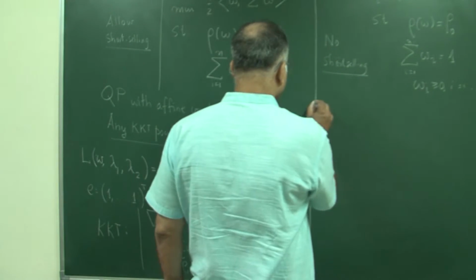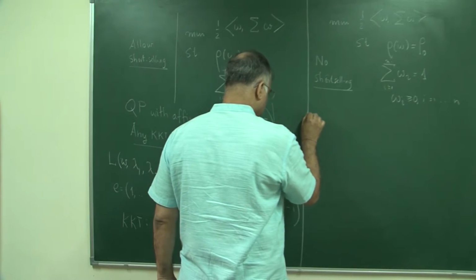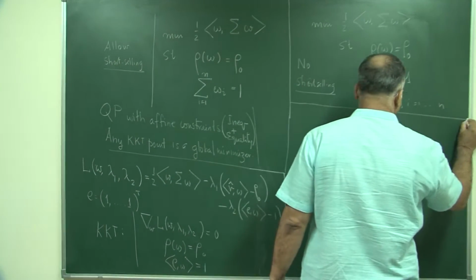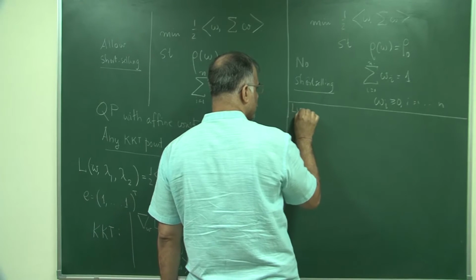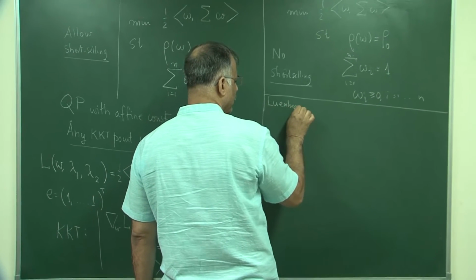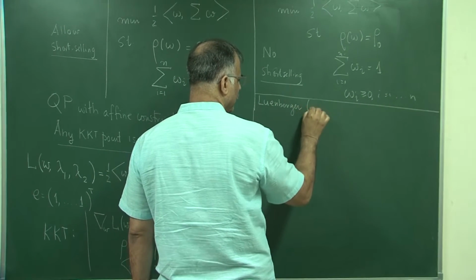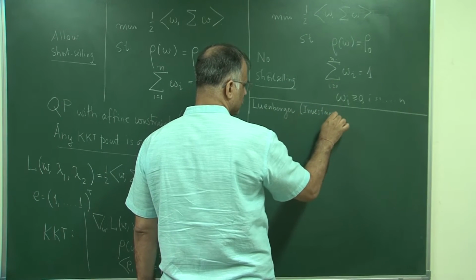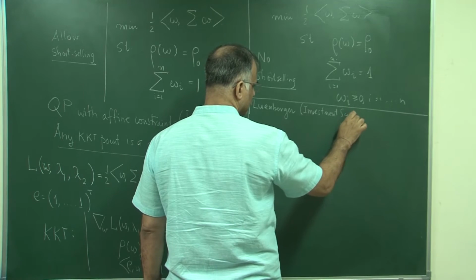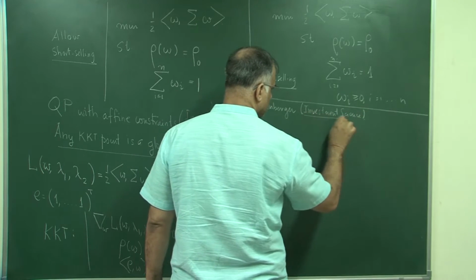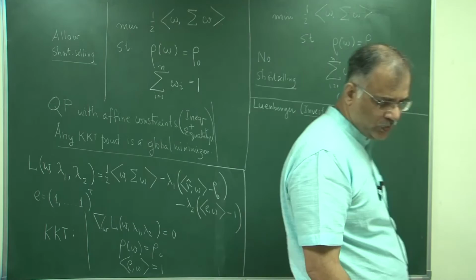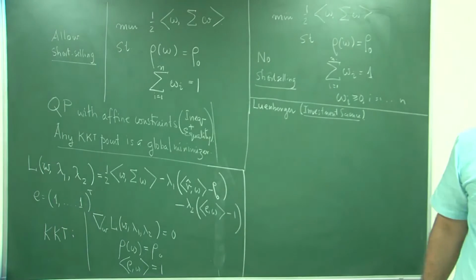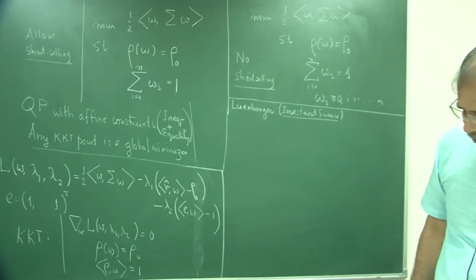So let me take an example now from Luenberger, Investment Science. So my source of the example is Luenberger's Investment Science. The example consists of 3 uncorrelated assets.